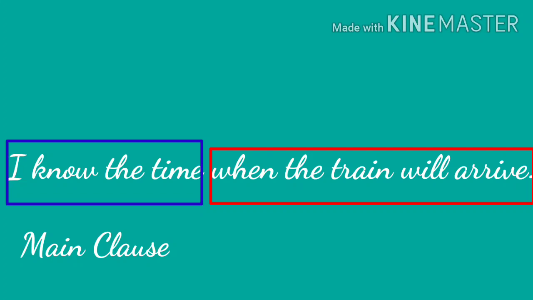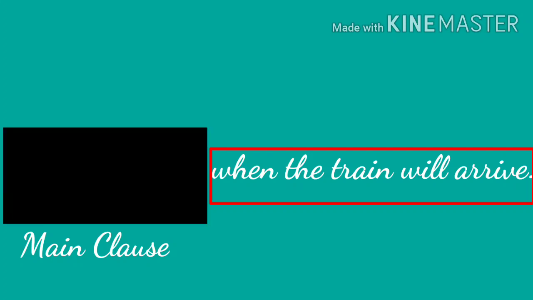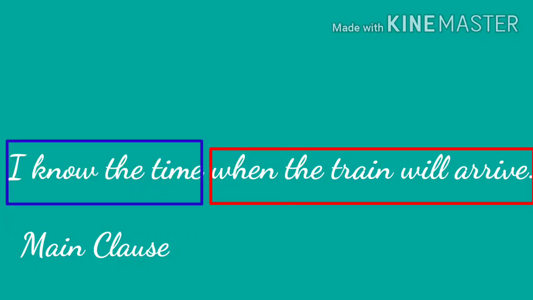So now let's take the second clause in the sentence, when the train will arrive. If you take it separately, we'll see that it cannot stand on its own to complete the sense, isn't it? It doesn't give us complete sense, all right, as to what the sentence is about. When the train will arrive, what about it, isn't it? All right, so we need the main clause to complete the sense of the clause here.